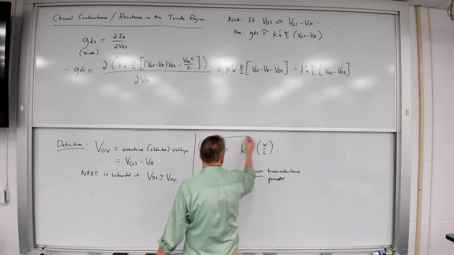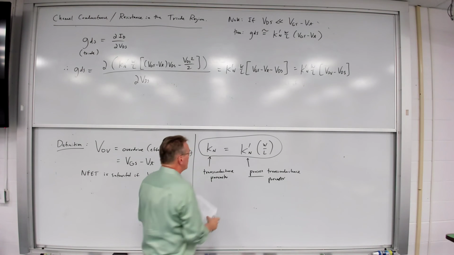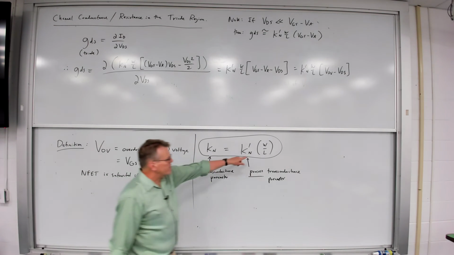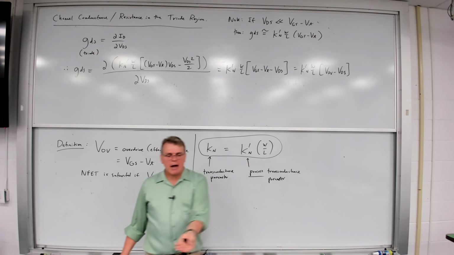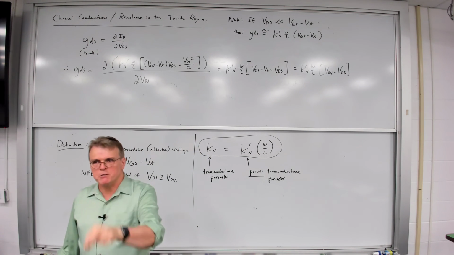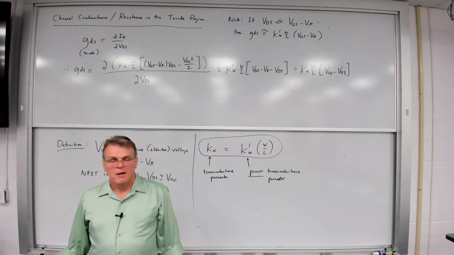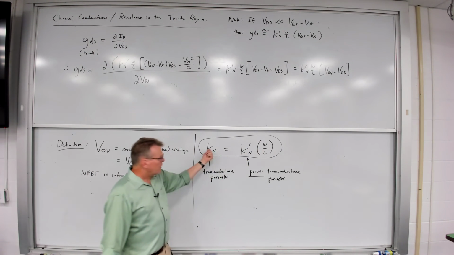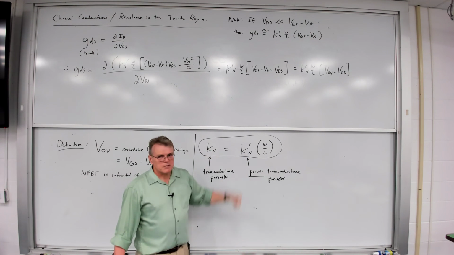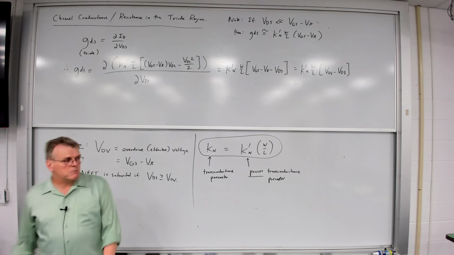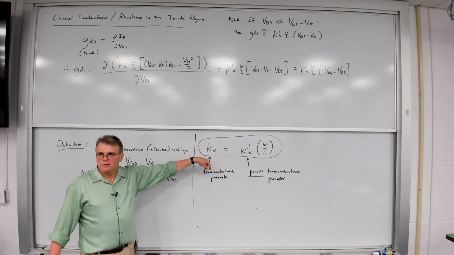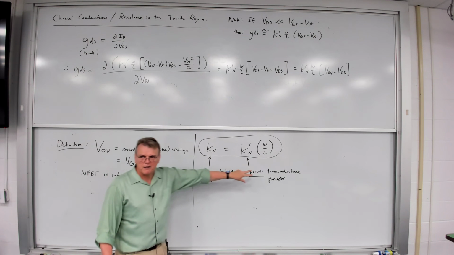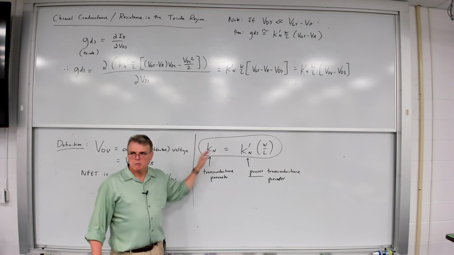And as I said, it's not a bad definition if you're talking about discrete MOSFETs, because you can't really vary the width and the length if you buy a three-terminal MOSFET and you're using it in the lab. But if you're doing design where you can vary the width and the length, you're not going to use this. You will normally use K prime N. And some textbooks just ignore this term. But our textbook does make that distinction, so I want you to be clear that the book does distinguish between these two.